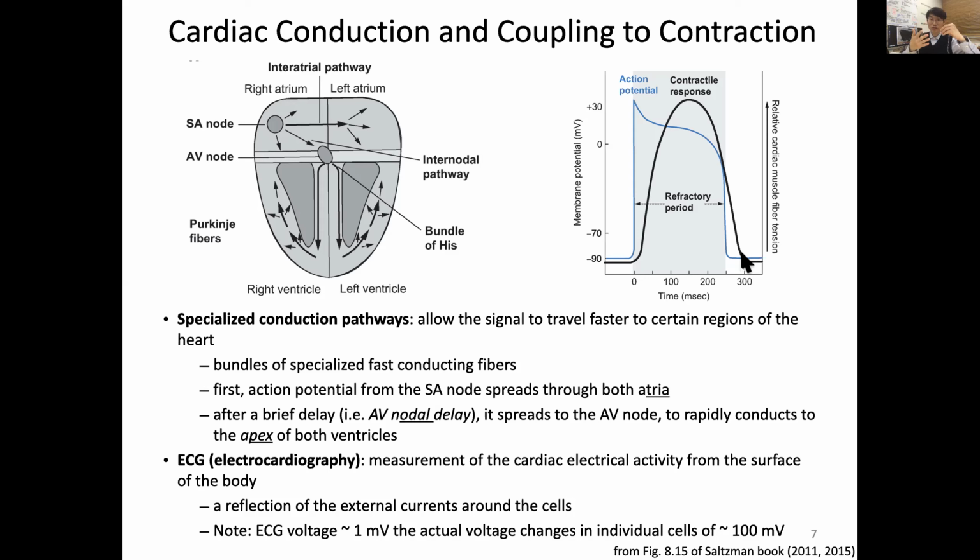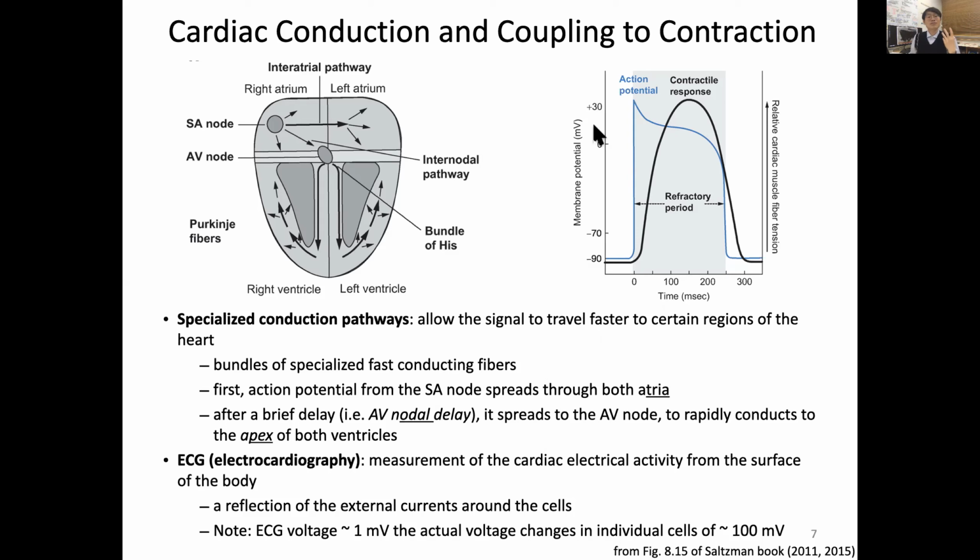There's a mechanism for this: once the heart cells are excited, there is a period during which they cannot be excited again right away. We call it the refractory period. During that time the heart cell will contract. And this electrical activity is in fact a transmembrane potential change, from about minus 90 to about 10, so about a 100 millivolt range.